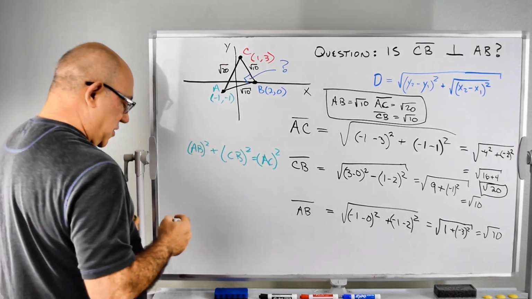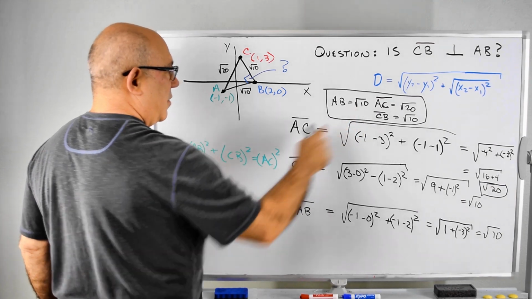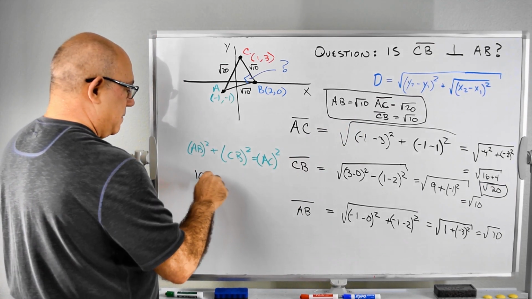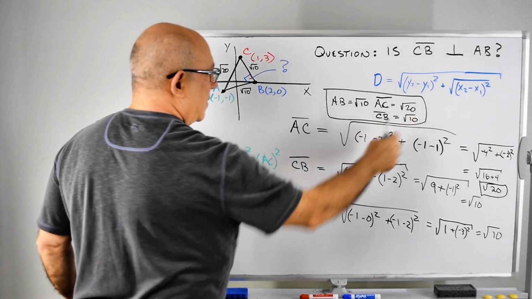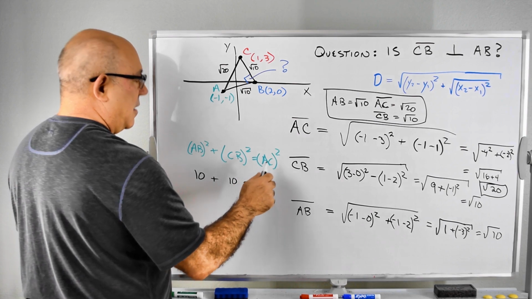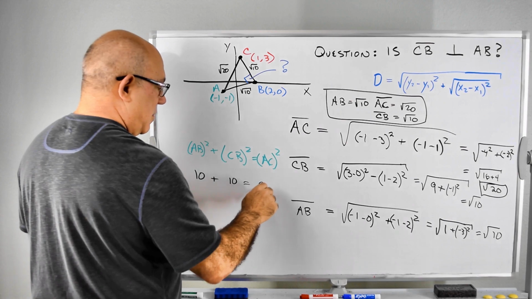Okay? So let's just plug in. If we take AB, the square root of 10, and square it, we have 10. We take CB, which is the square root of 10, we square it, we have 10. Take AC, which is the square root of 20, and we square it, we have 20.